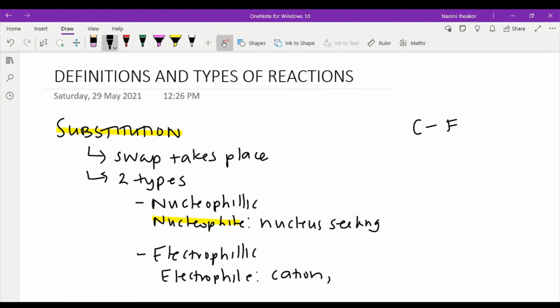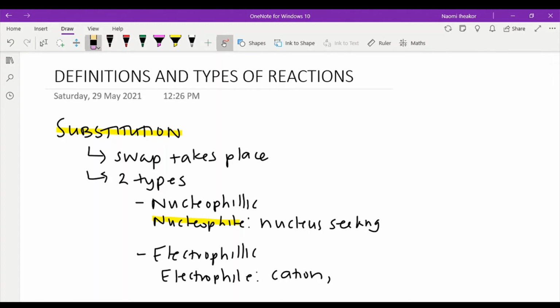And so because of that, fluorine is going to have a slight negative charge because it has a stronger pull on these shared electrons, whereas carbon is going to have a slight positive charge because it has a weaker pull on the shared electrons. And so carbon in a carbon-fluorine bond is going to be an electrophile.